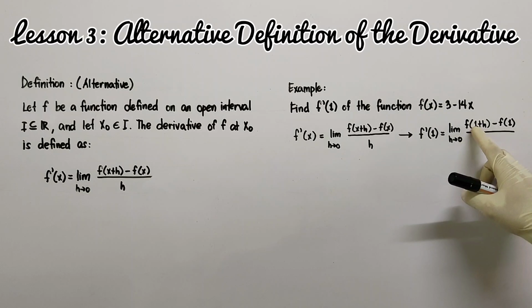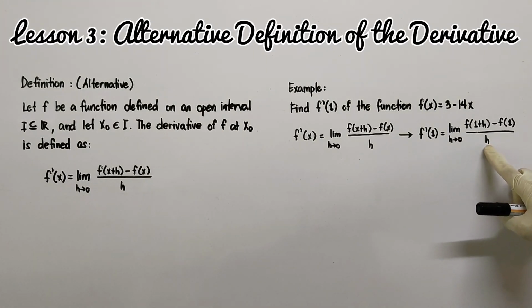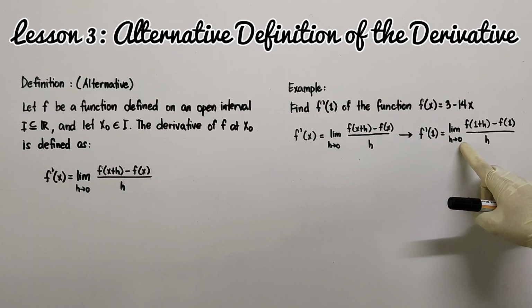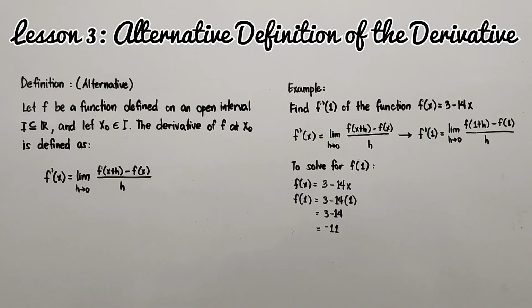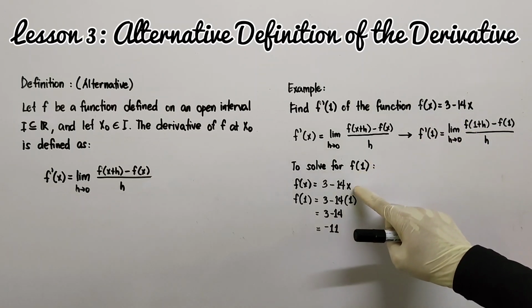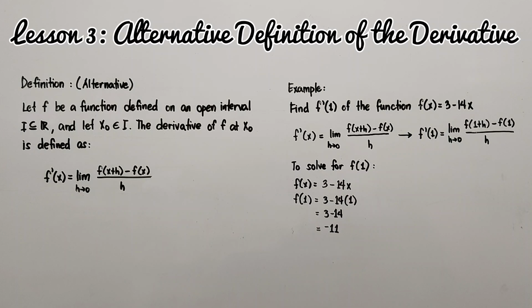Since we have f of 1 plus h and f of 1, we need to solve these values independently. For the denominator, we have h as h approaches 0. To solve for f of 1, just use the function and replace x by 1, so we have negative 11.